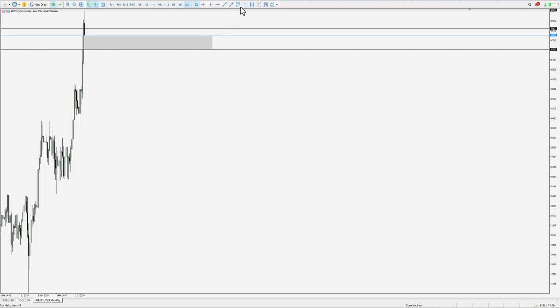If you are to look at the range, you've got internal range liquidity of buy stops on the current low, right? There is buy stops there on the current low. We also have this imbalance here, right there.